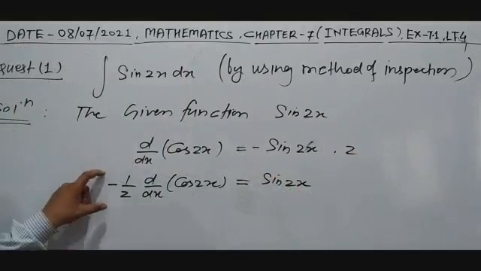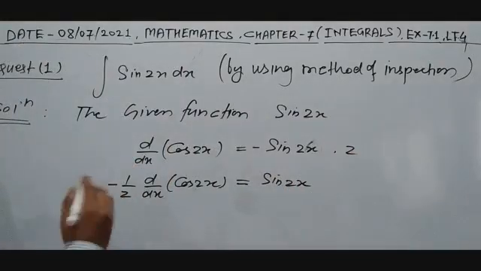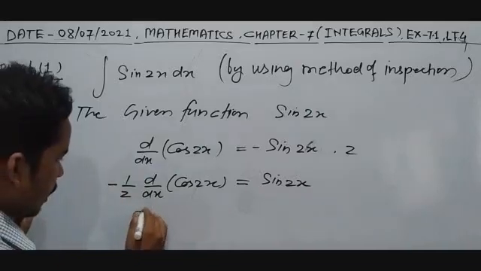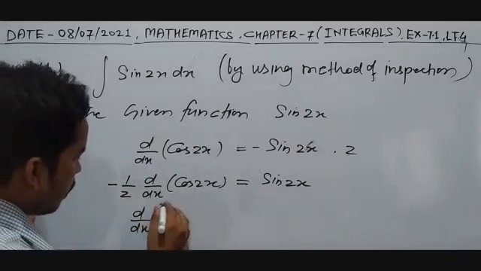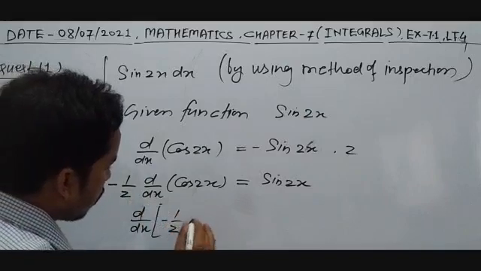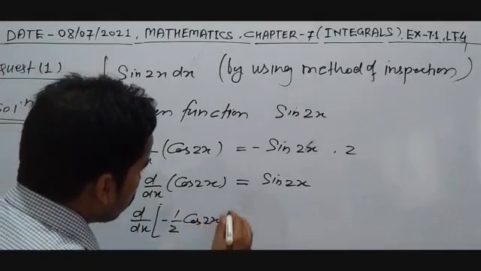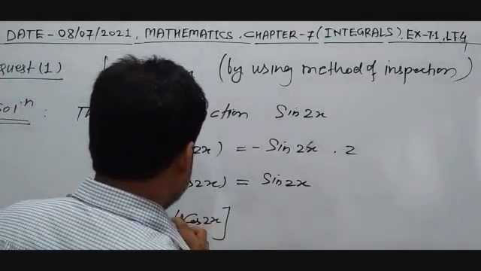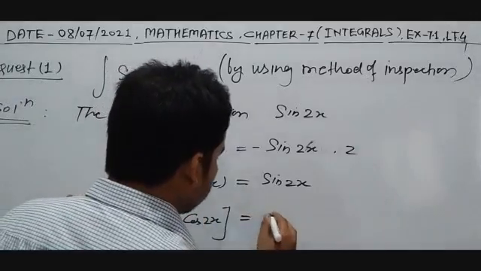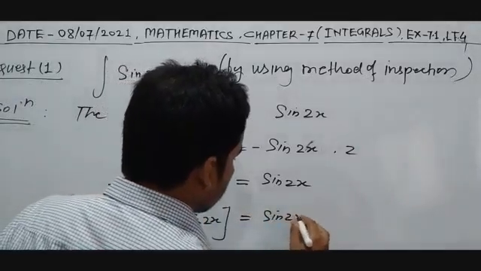Minus 1 by 2 is a constant. So you can write d by dx of minus 1 by 2 cos 2x, the differentiation is sine 2x.